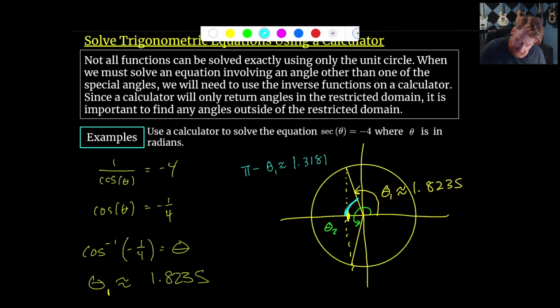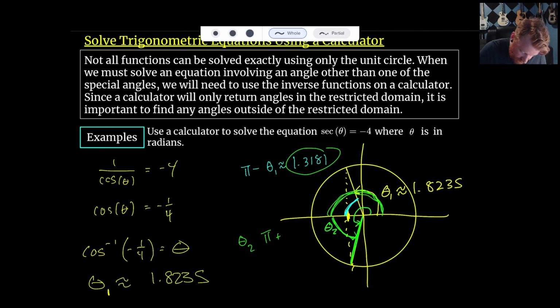And now this angle that we actually want, this theta 2 angle here, is going to be 180 degrees plus our reference angle of 1.3181, etc. So this angle here, theta 2, is going to be this distance of pi plus our reference angle, which we just found, approximately pi plus 1.3181.